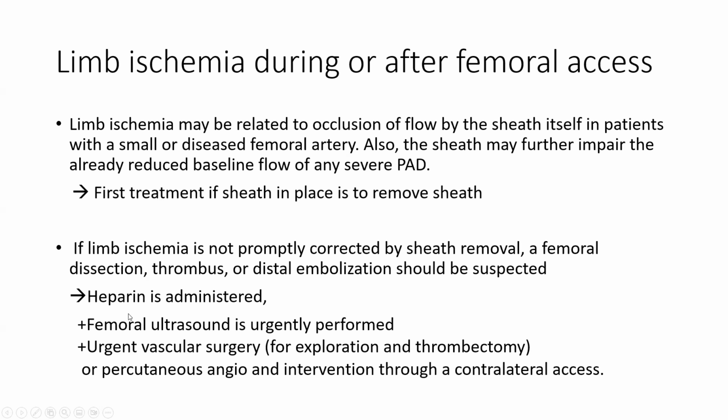In this case, you give heparin, you do femoral ultrasound urgently, and you may consult vascular surgery for exploration and thrombectomy, or you or your vascular surgeon may urgently do a percutaneous angiogram and intervention through a contralateral access, potentially needing to use angioplasty and/or TPA and/or thrombectomy.